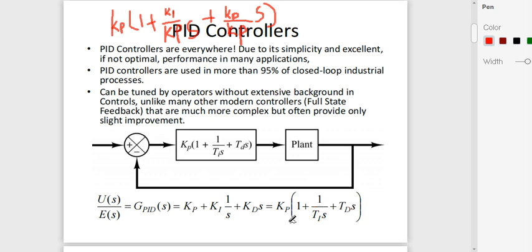The transfer function can also be represented as Kp into 1 plus 1 by Ti into s plus Td into s. Here Ti is the integral time constant, and Td is the differential time constant. We need to know both forms of the equation. The first form is Kp plus Ki into 1 by s plus Kd into s, and the other is Kp into 1 plus 1 by Ti into s plus Td into s.